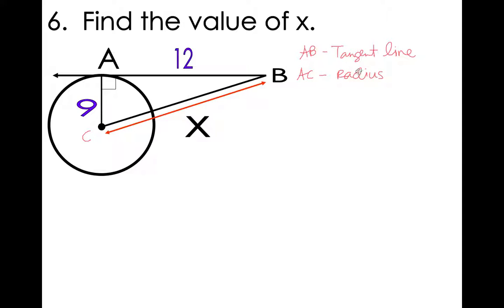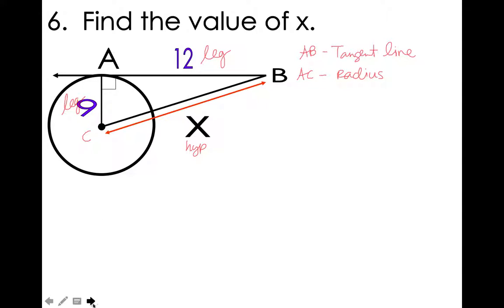And remember what we said? We said that if we have a tangent line and a radius, then we automatically have a right angle, or they're perpendicular. So if we label everything, we know that this side, AC, represents one leg, AB represents another leg, and CB represents the hypotenuse.